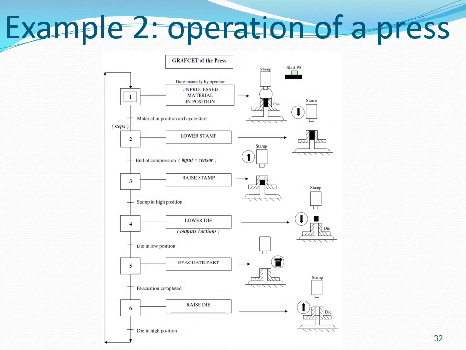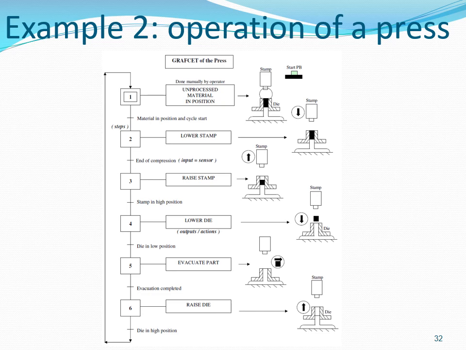The second example is a PLC solution for the operation of a press. We are shown here the graph set for the system as well as support diagrams to help illustrate the operation of the system. The system begins off in an idle state. When material is loaded into position and the start push button is pressed, the stamp is lowered. As the stamp is being lowered, the material is being pressed.